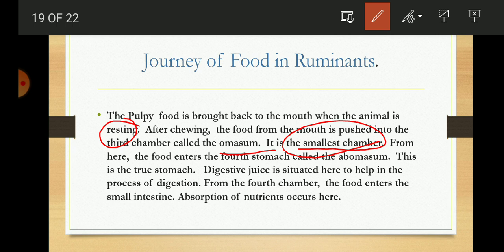As in the case of humans, the stomach produces digestive juice, which mixes with the food, and in the same way this fourth chamber, the abomasum part of the stomach, produces digestive juices, and that will help in the digestion of the whole food.